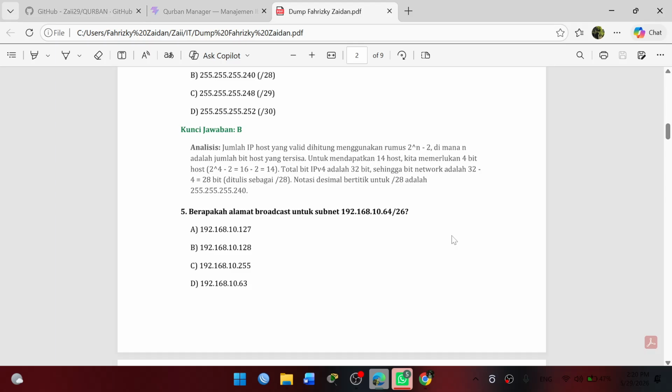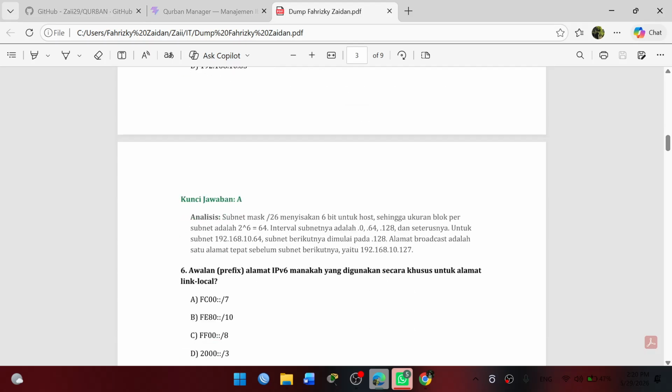Next, question 5. What is the broadcast address for the subnet 192.168.10.64/26? For question 5, the correct answer is A. A /26 subnet leaves us 6 bits for hosts, giving us a block size of 2^6, which equals 64.